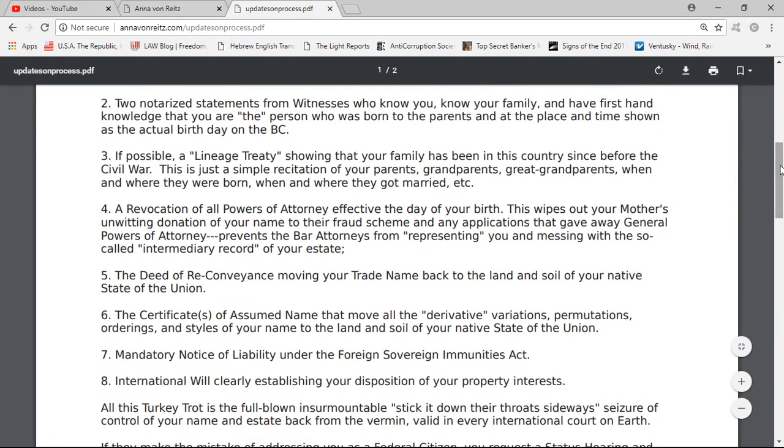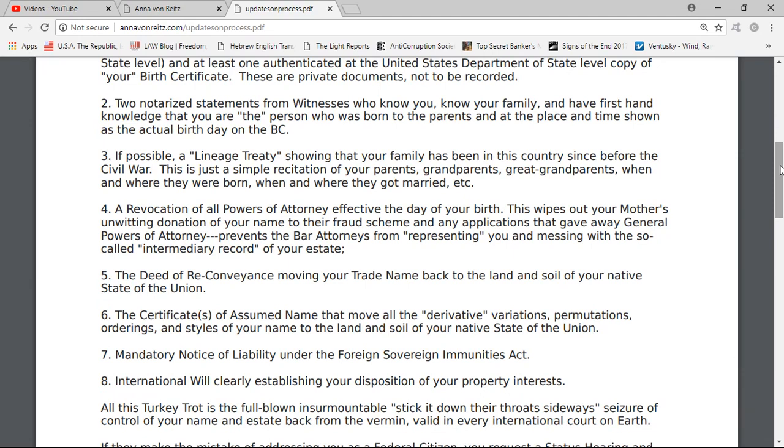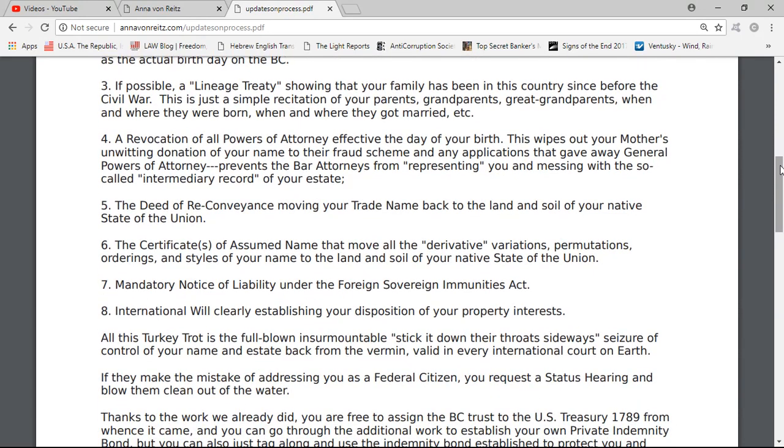2 notarized statements from witnesses who know you, your family, and have firsthand knowledge that you are the person who was born to the parents and at the place and time shown as the actual birthday on the BC. If possible, a lineage treaty showing that your family has been in the country since before the Civil War, 1860.